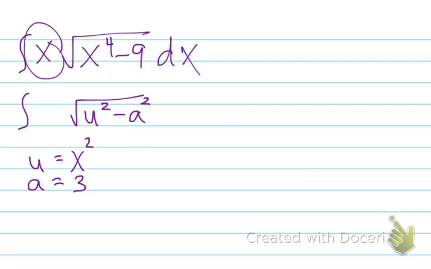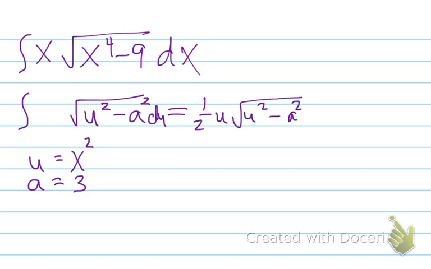And the key to that, if you look at the back of the book to try and find this one, it's actually number 26. It says that the integral of the square root of u squared minus a squared, or actually plus or minus a squared, but in our case it's minus, du equals 1/2 times u, the square root of u squared minus a squared, ln of u plus the square root of u squared minus a squared.